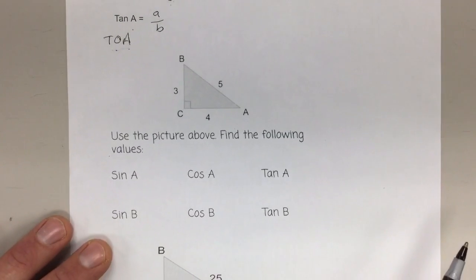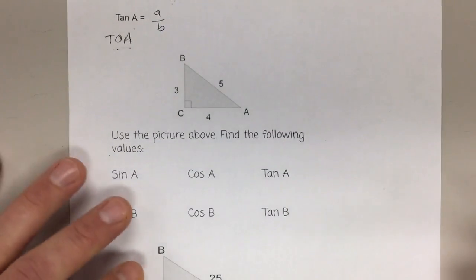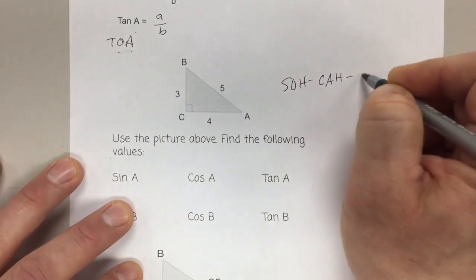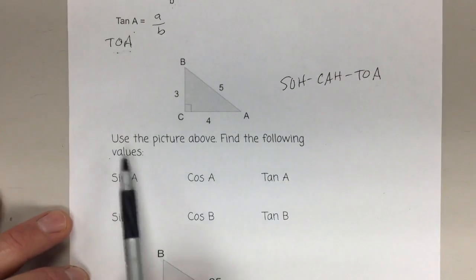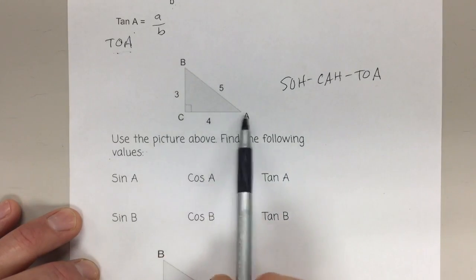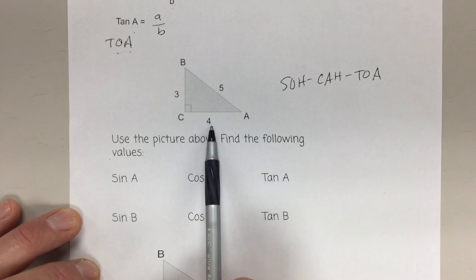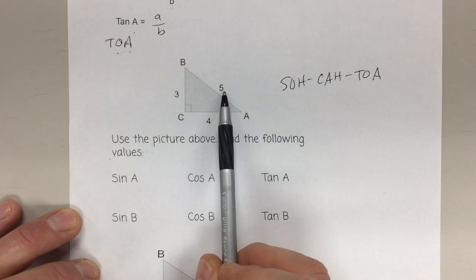So here's an example problem of what you would have to do. Now again, I would write SOH-CAH-TOA at the top of my paper. So it says, use the picture above, find the following values. So here's my right triangle, A, B, and C, and then this would be lowercase b, this would be lowercase a, and of course the hypotenuse is lowercase c.